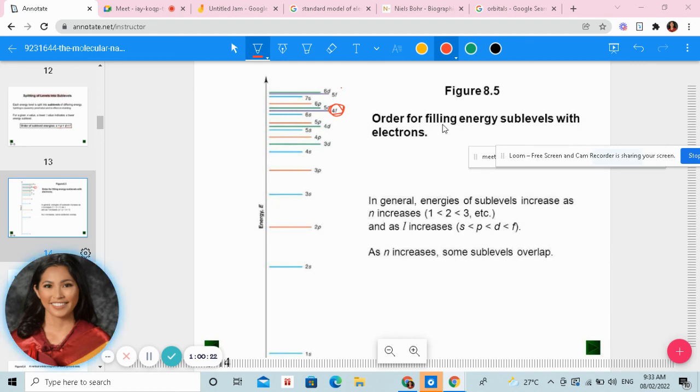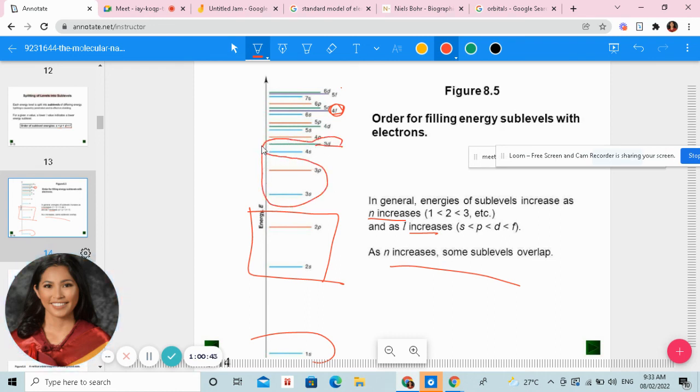Okay, so we have here an order of filling energy sublevels with electrons. Energy increases as n increases. So first shell, second shell, third shell, including the 3d here.